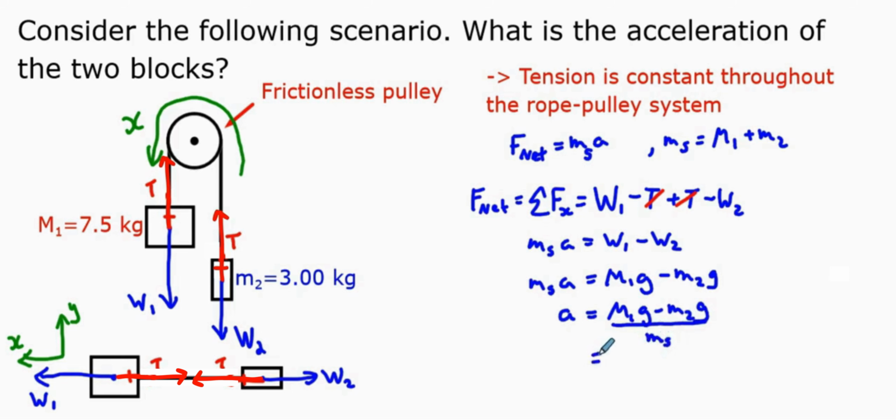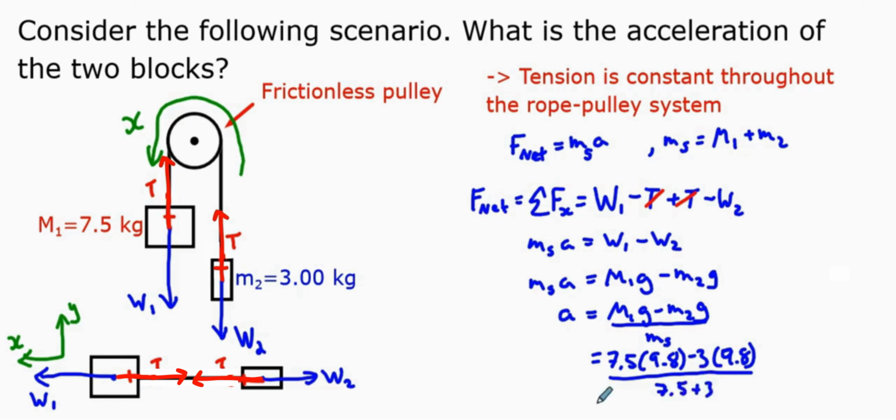So if we put some numbers in here, this would be 7.5. I'm going to use 9.8 for my gravitational acceleration, my gravitational field strength. I have 3 kilograms here, and again 9.8, and we're dividing by 7.5 plus 3.